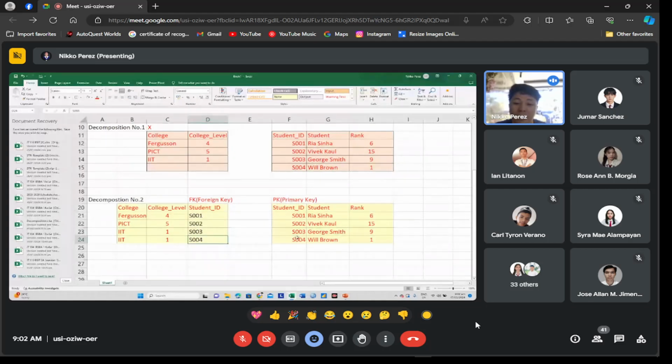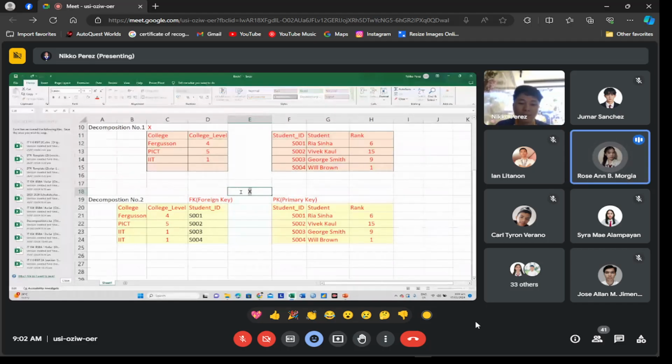So, the application for having the relationship primary key and foreign key in decomposition number 2 is not the correct application. For what reason man? Nganong sayo pa man na siya? In what aspect man siya na sayo? Na-observe ninyo?